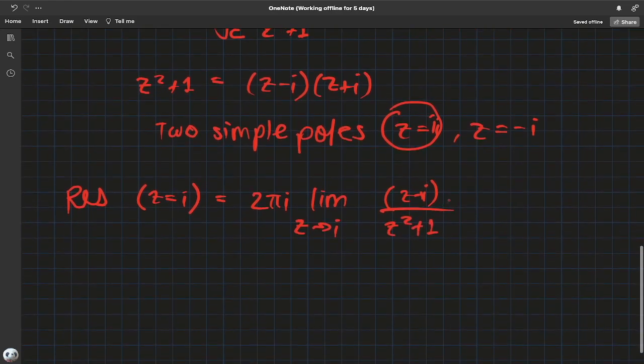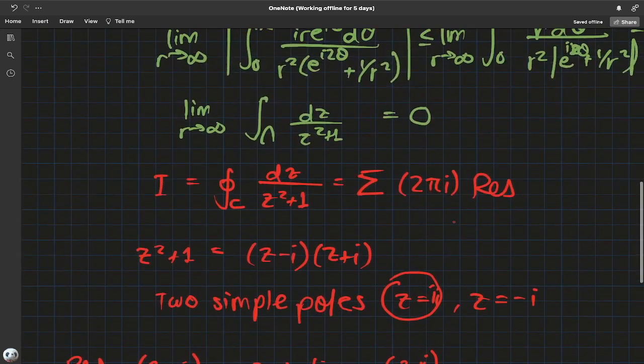So you factorize the terms, z squared plus 1 is z minus i times z plus i, stuff cancels out, and you have 2 pi i times the limit as z goes to i of 1 over z plus i. So we have 2 pi i over 2i, which is pi.